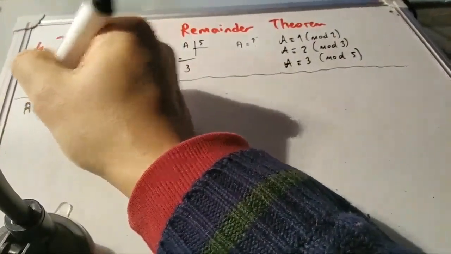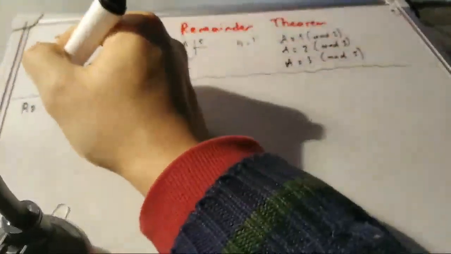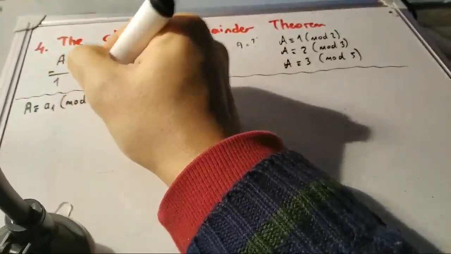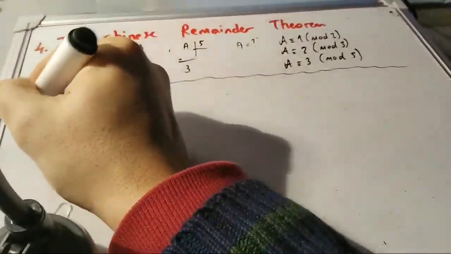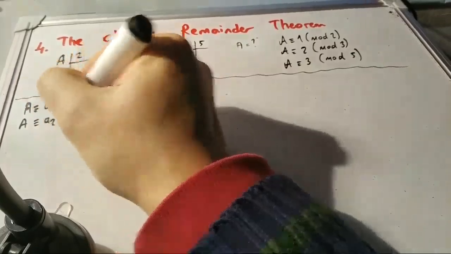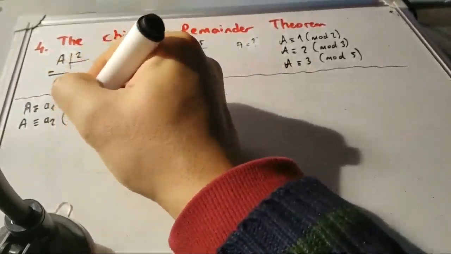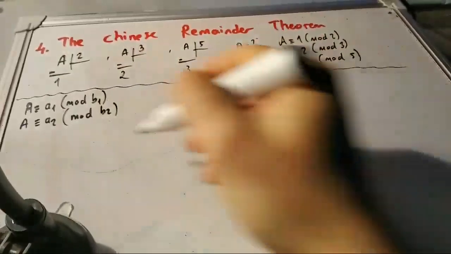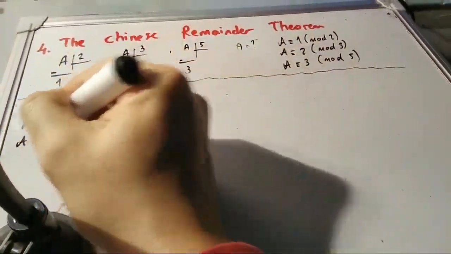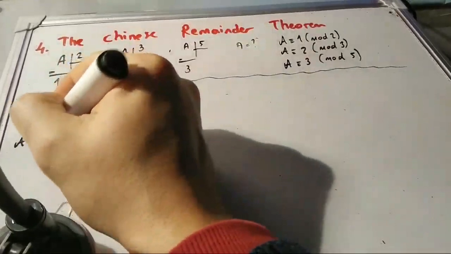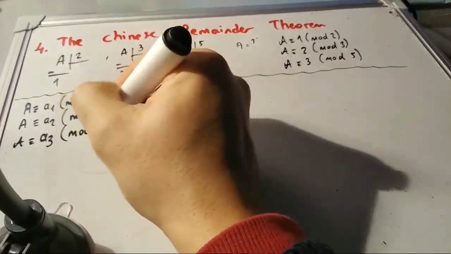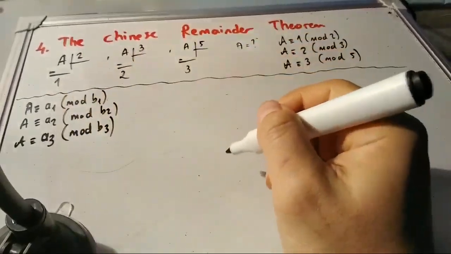a is congruent to a1 in mod b1, a is congruent to a2 in mod b2, a is congruent to a3 in mod b3.